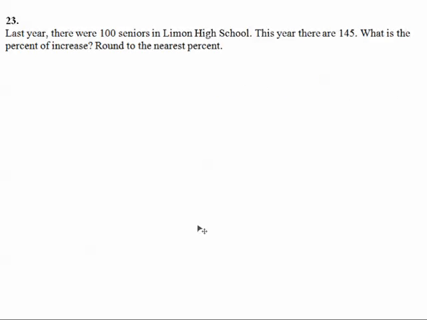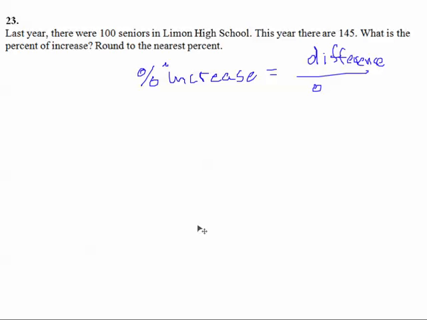Last year, there were 100 seniors at Lemon High School. This year, there are 145. What is the percent increase? Do you remember that percent increase or decrease, in this case increase, is equal to the difference over the original times 100.